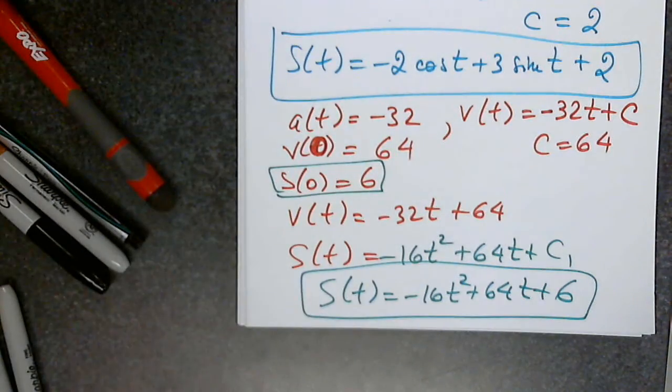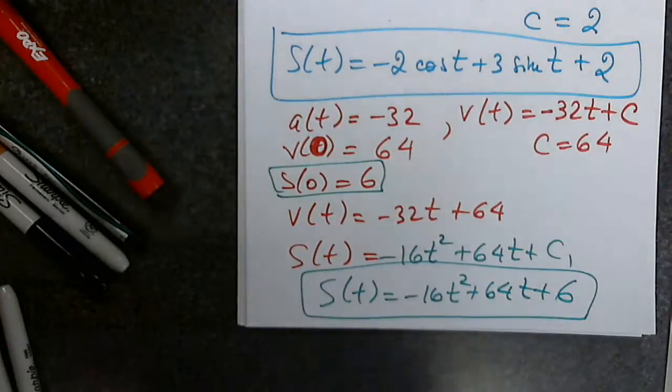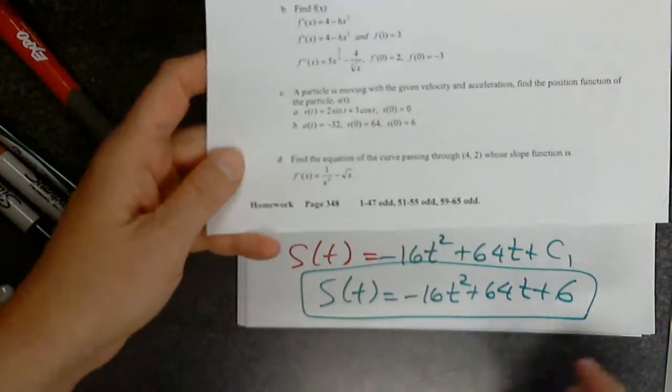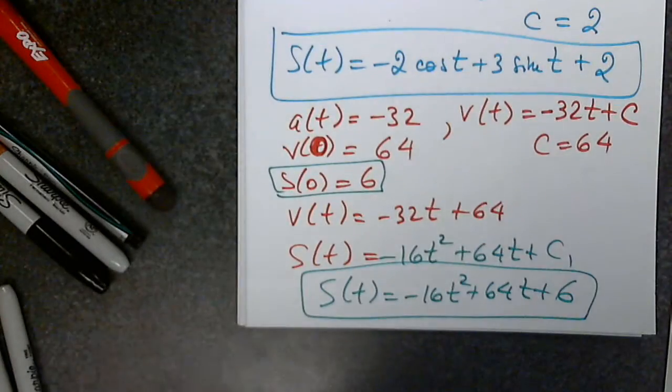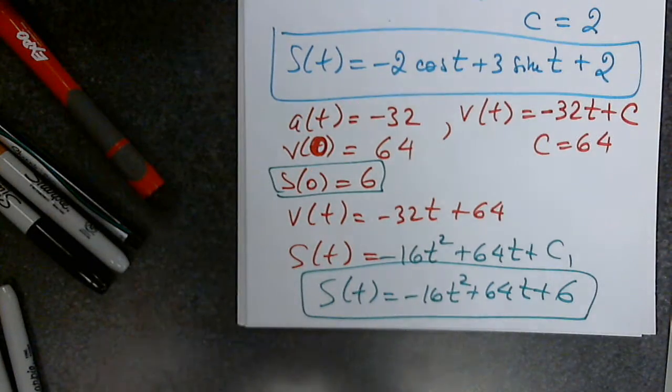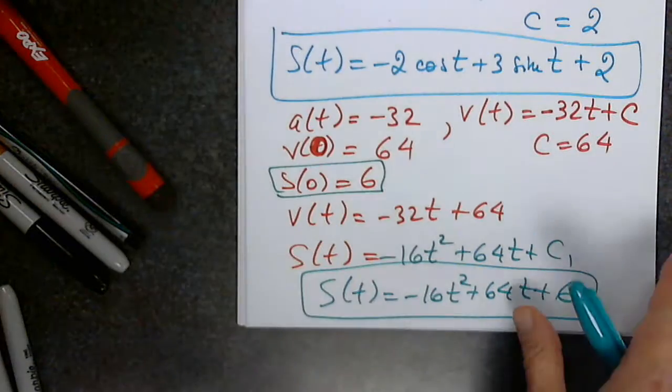I think we have got the picture of how to determine these antiderivatives and how to determine the constant. I hope so. So let's look at one more example here. Find the equation of the curve passing through (4, 2), whose slope function is given.